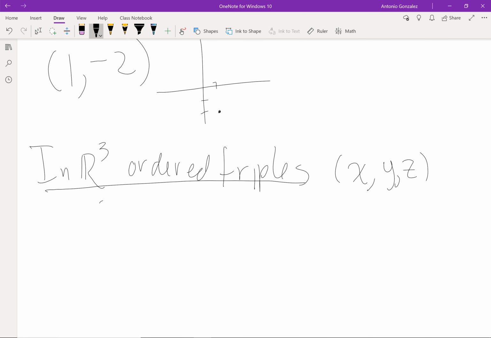So for example, let's say we had something like this. That tells me go 1 in the positive x direction, -1 in the y direction, and then -4 in the z direction.